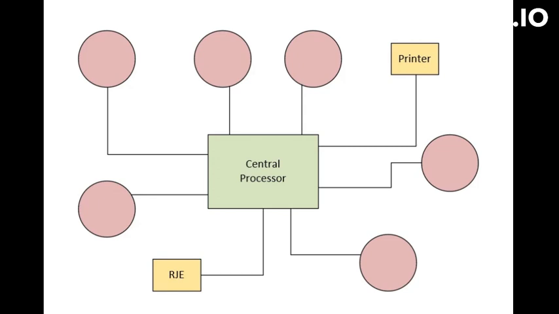Finally, to free the central processor from handling all the communication, special processors called front ends were developed to control the communication to and from all the peripherals. This led to the more complex structure shown in Figure 1.2.